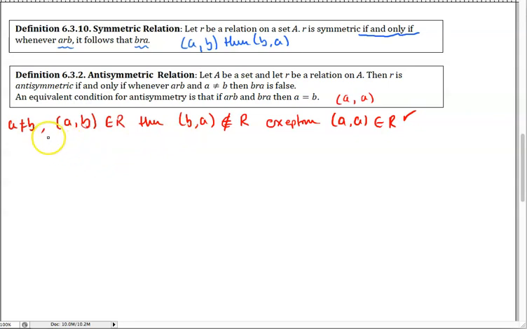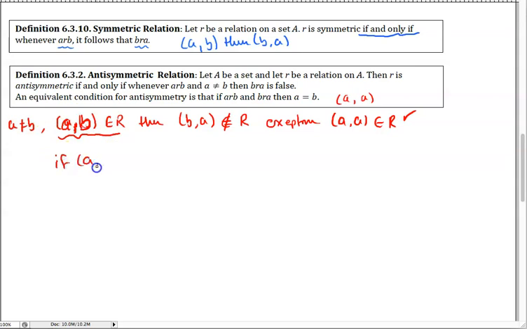Now, what's sort of difficult with this sometimes is that if you don't have any elements of this form, then is the relation anti-symmetric or not?